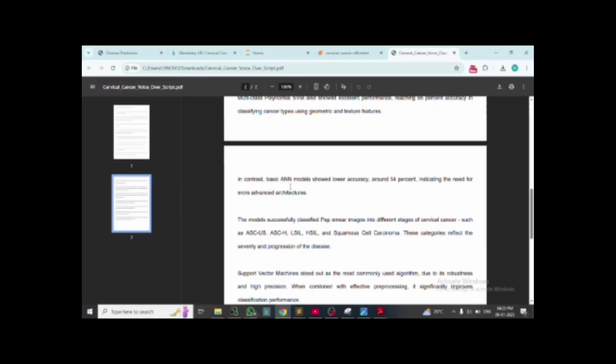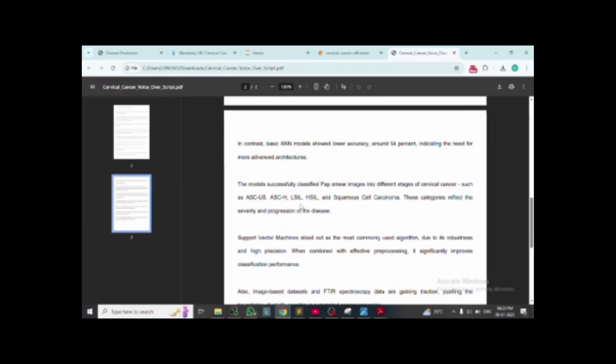In contrast, a basic ANN model showed lower accuracy, around 54%, indicating the need for more advanced architectures. The models successfully classified pap smear images into different stages of cervical cancer, such as ASCUS, ASCH, LSIL, HSIL, and squamous cell carcinoma. These categories reflect the severity and progression of the disease.